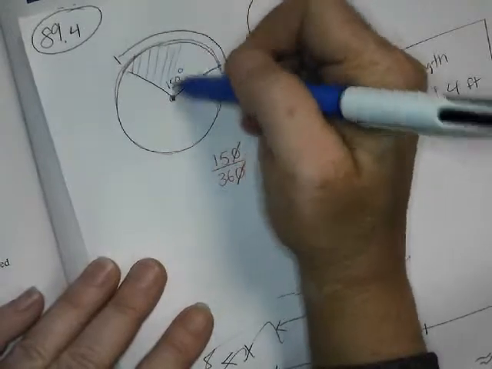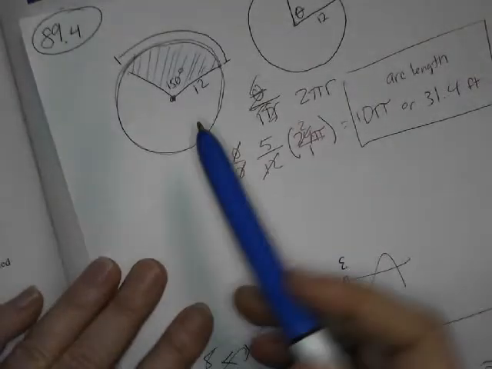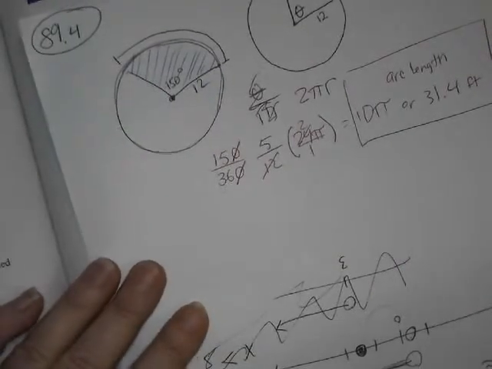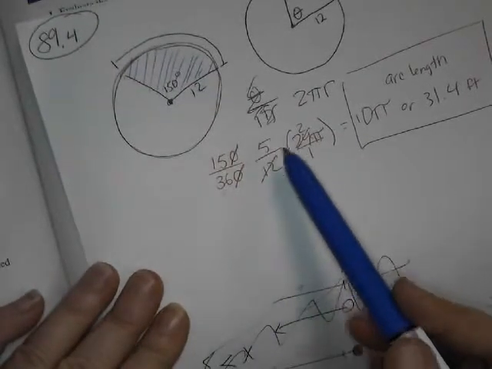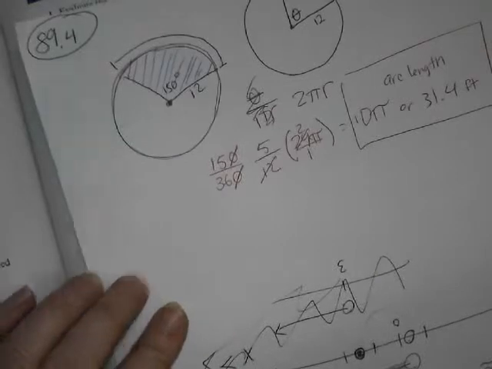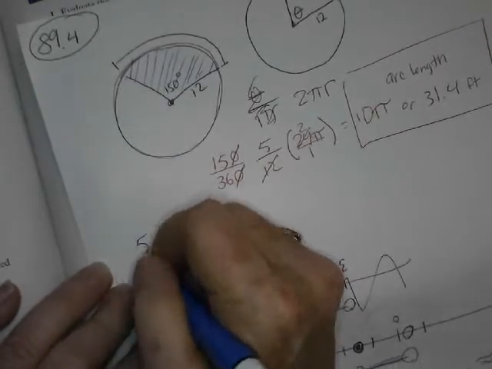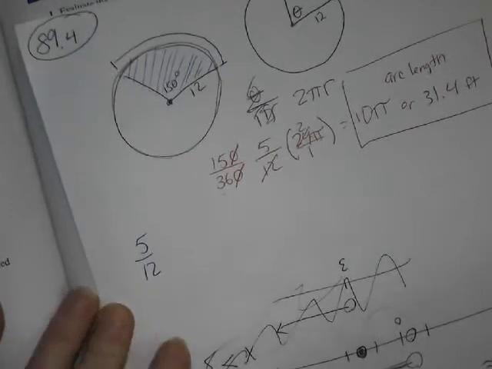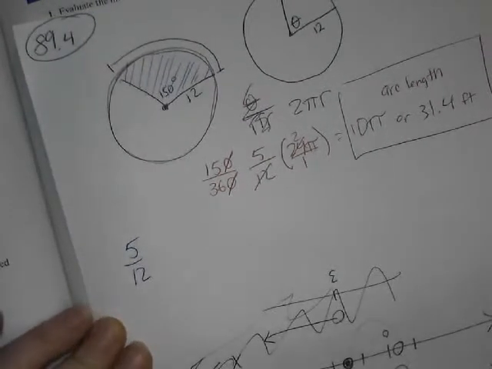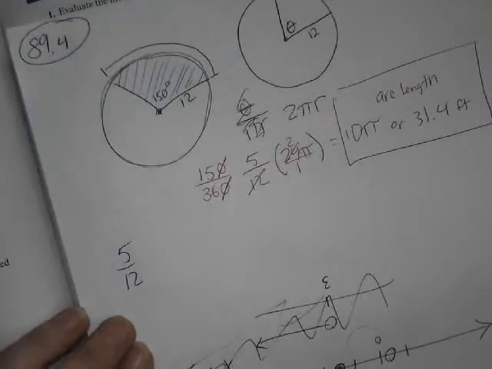Well, we already have a nice fraction. We know that it's not a quarter of a circle or half a circle, it's 5/12 of a circle. So all I'd have to do is take 5/12 of the area of the circle. Does anyone know a formula for area of a circle? It's got pi in it.